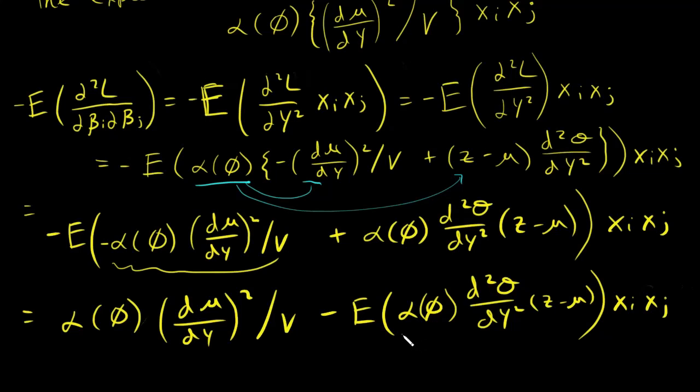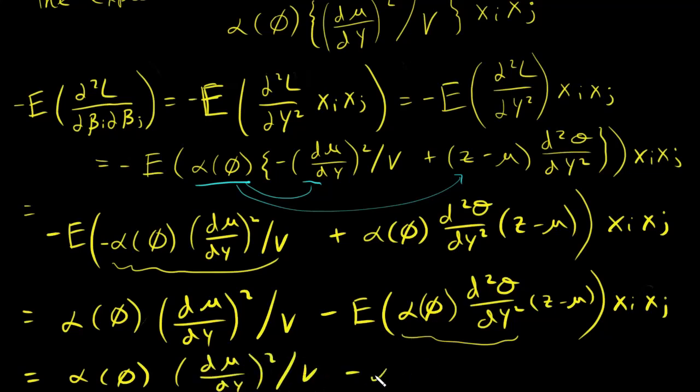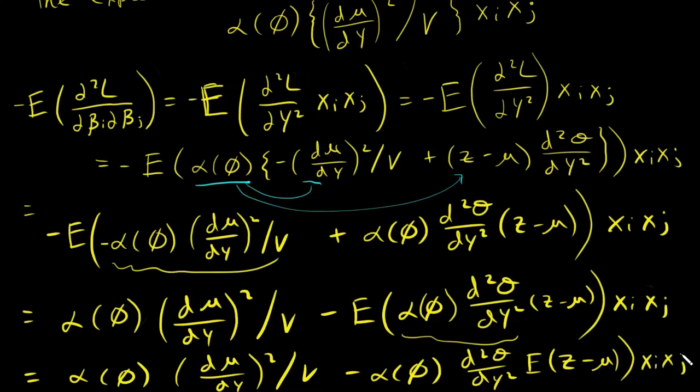All right, so this is just a constant, so it can come out of the expected value. Okay, so I have alpha of phi. All right, the expected value of z minus mu. Make sure that I'm being careful here.